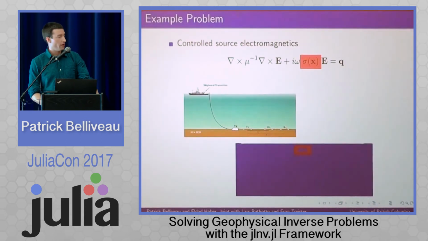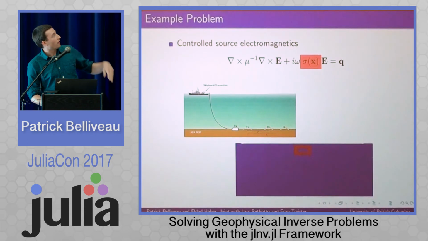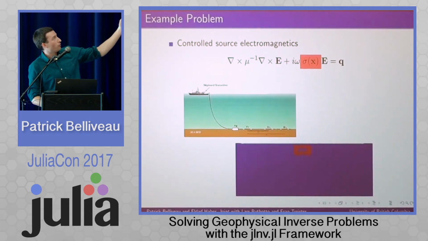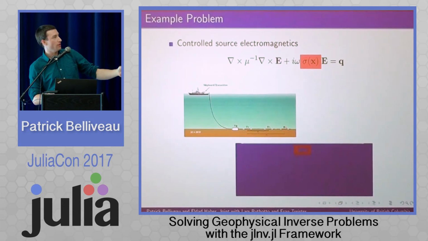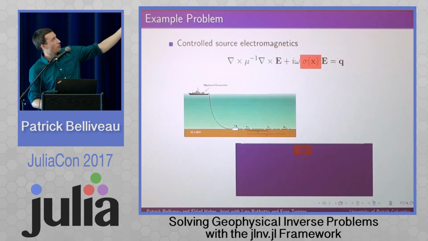So just running out of time here, but let me very quickly look at some code. One example here is what we call controlled source electromagnetic systems, where we have a source of electromagnetic waves that gets towed behind a ship, and then we measure the electric fields that come from that transmitter interacting with the subsurface of the Earth.